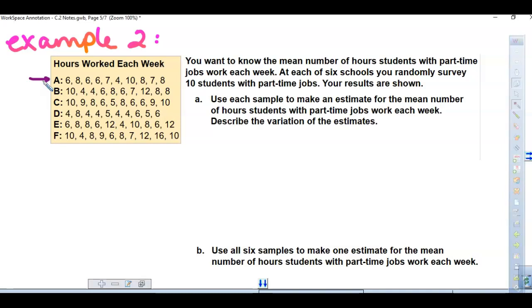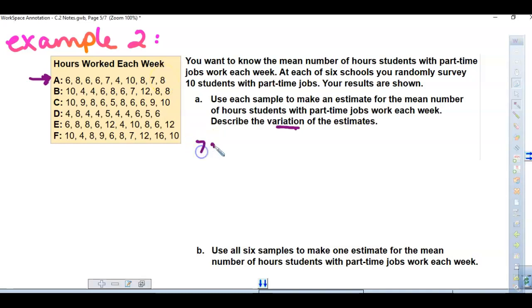Use each sample to first make an estimate for the mean number of hours students with part-time jobs work each week. And then we're going to describe the variation of the estimates. Sample A, the mean of those 10 numbers: 6 plus 8 plus 6 plus 6 plus 7 plus 4 plus 10 plus 8 plus 7 plus 8, divided by how many?